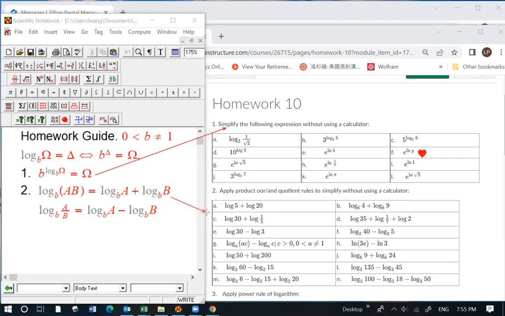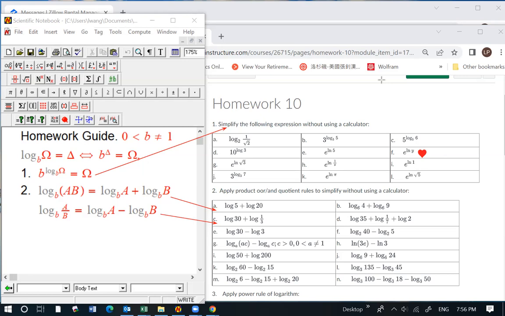You're going to see how these properties can be used from left to right, right to left, with various bases. The base could be 10, could be 2, could be 6, could be 3, could be e, right? Here, we didn't have many exercises with e, just one. But anyway, just practice using these properties, left to right, right to left.